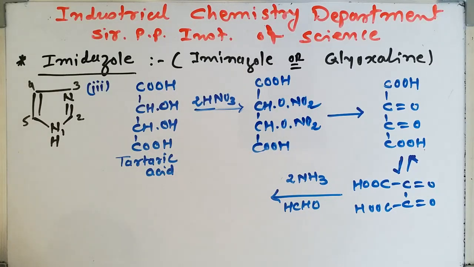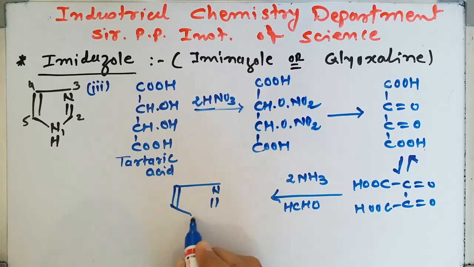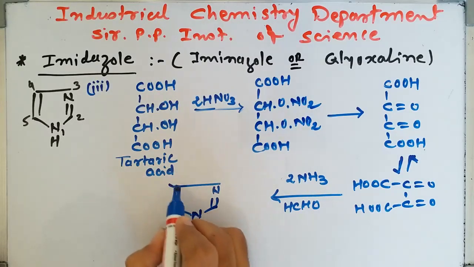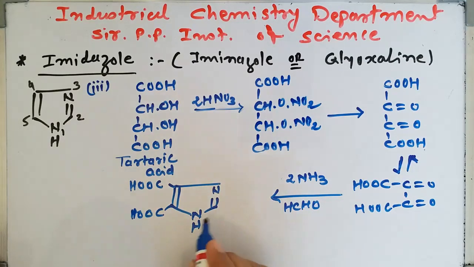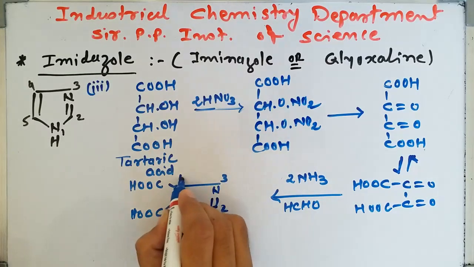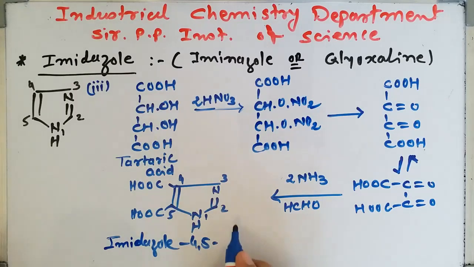It is converted into a dicarboxylic derivative of imidazole, with COOH groups, positions 1, 2, 3, 4 and 5: imidazole 4,5-dicarboxylic acid.